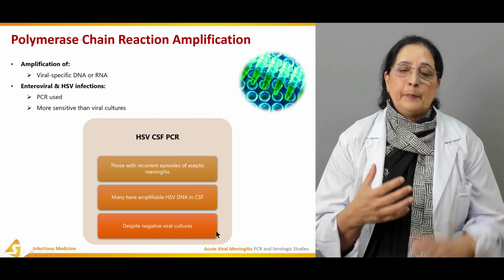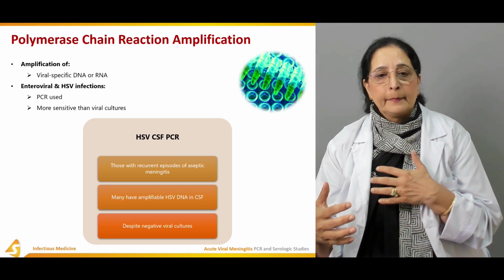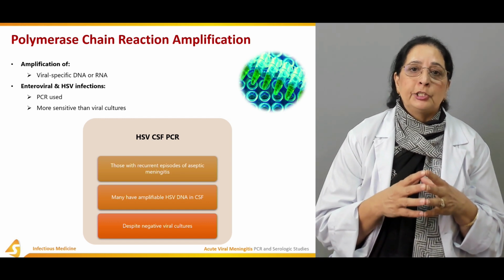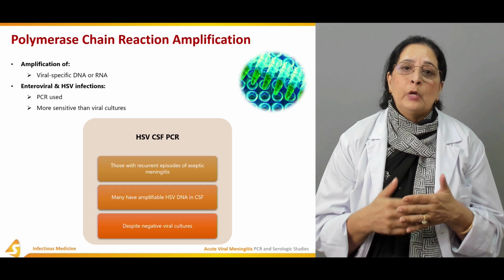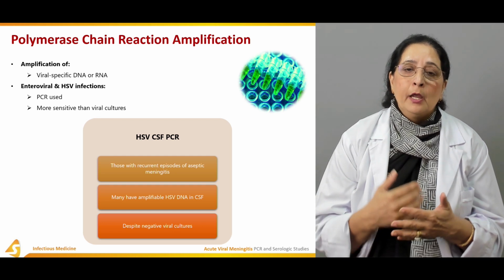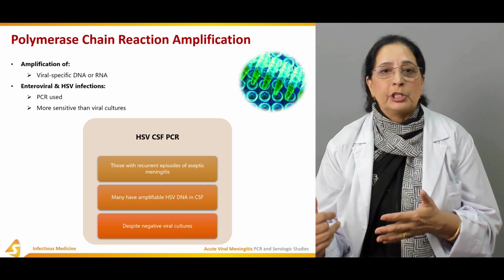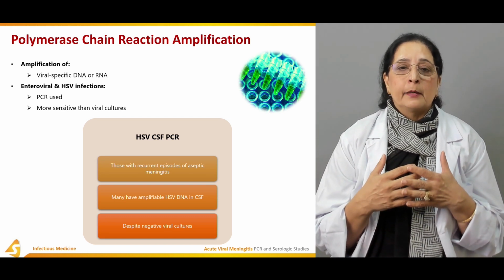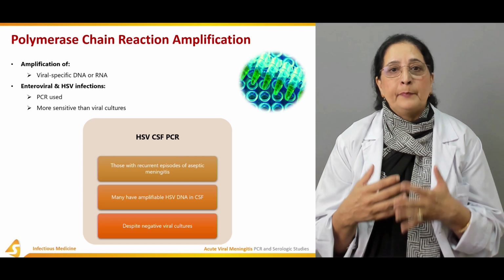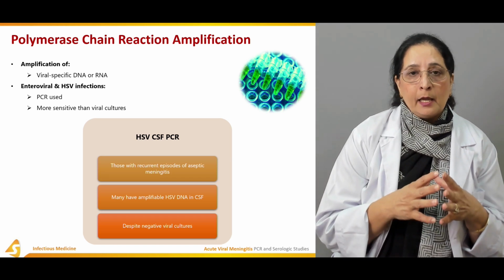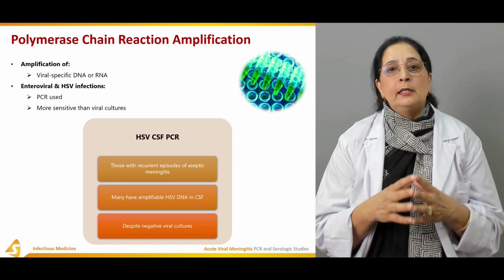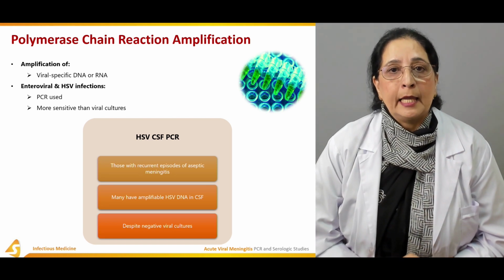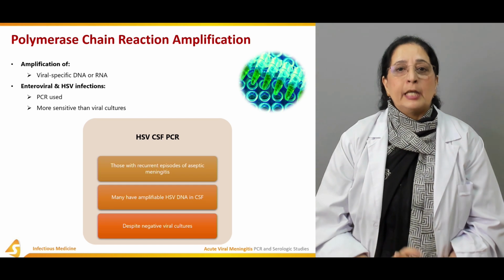So it's very specific and more sensitive as compared to viral culture. Even in patients who have negative viral culture, when polymerase chain reaction is performed, they show viral specific DNA in the cerebrospinal fluid. So it's a very, very sensitive test in the diagnosis of meningitis.